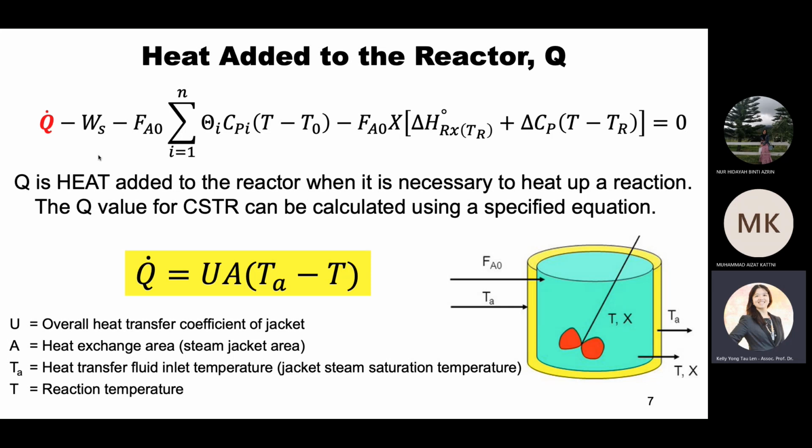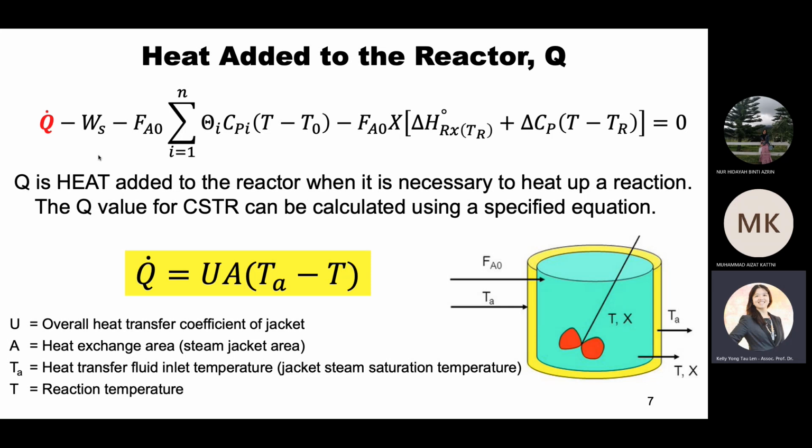Sebab kalau kita cover batch, kita cover PFR, it's entirely different lah. The calculations and the design will be more complex. So apa yang kita cover dalam chapter 6, which is CSTR, which is very commonly used lah, very commonly open system yang kita guna biasanya lah CSTR. So we will only cover non-isothermal CSTR.